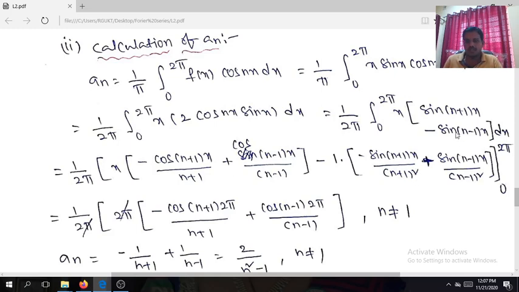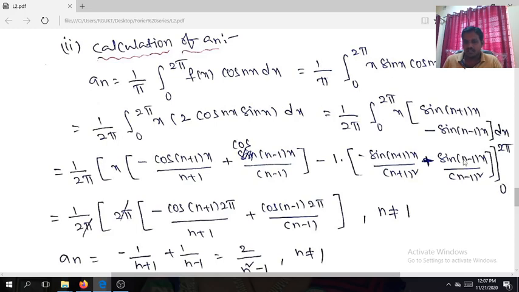Sine integration is minus cos, that minus into minus plus. Here cos integration is sine. Sine of n minus 1 into x divided by n minus 1 by n minus 1, that is n minus 1 whole square, where the limits are from 0 to 2 pi.